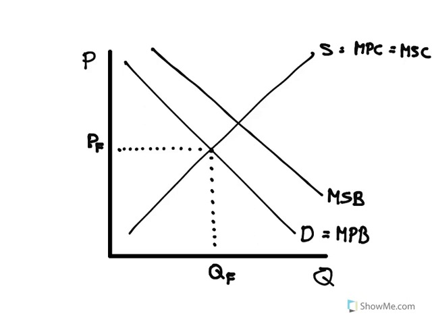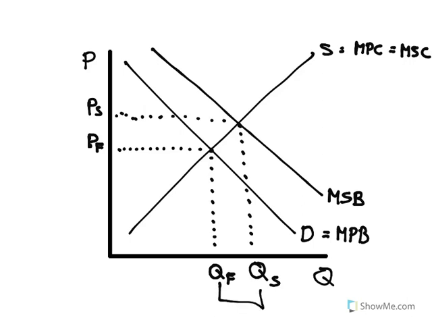Where marginal social benefit and marginal social cost intersect, that's going to be your socially optimal level of output. In other words, what society wants to be produced. And again, we can do the socially optimal price over here, but it doesn't really matter for our purposes.